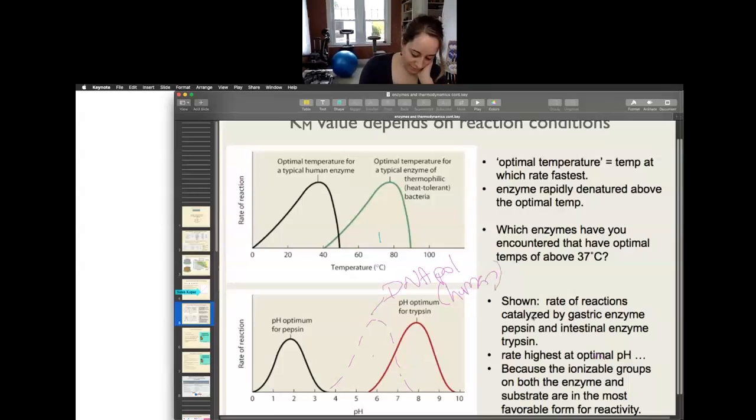But then we see on the left and the right, we see these two specific enzymes, pepsin and trypsin, which are located in specific parts of the human body.